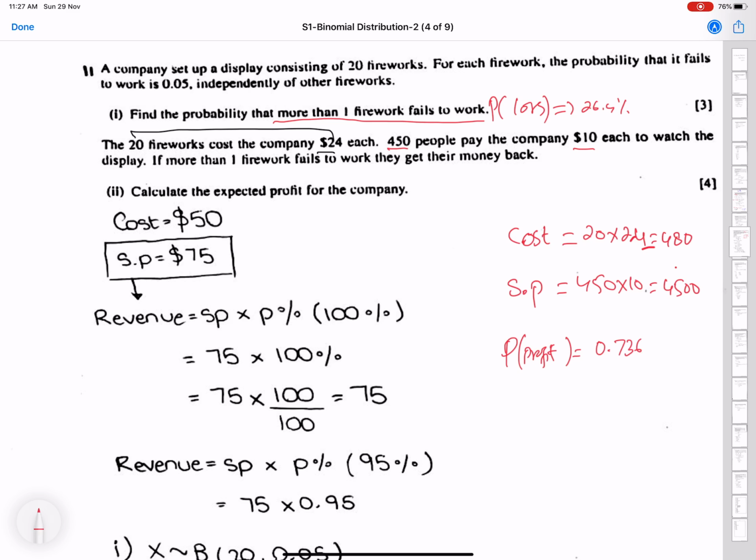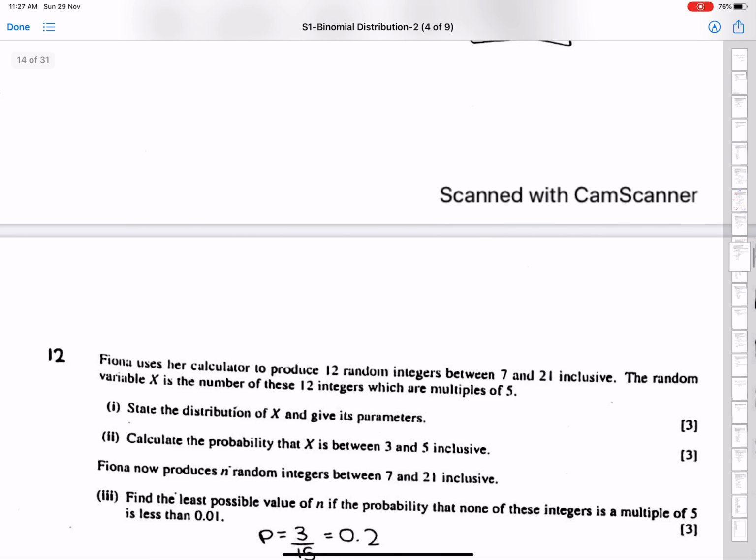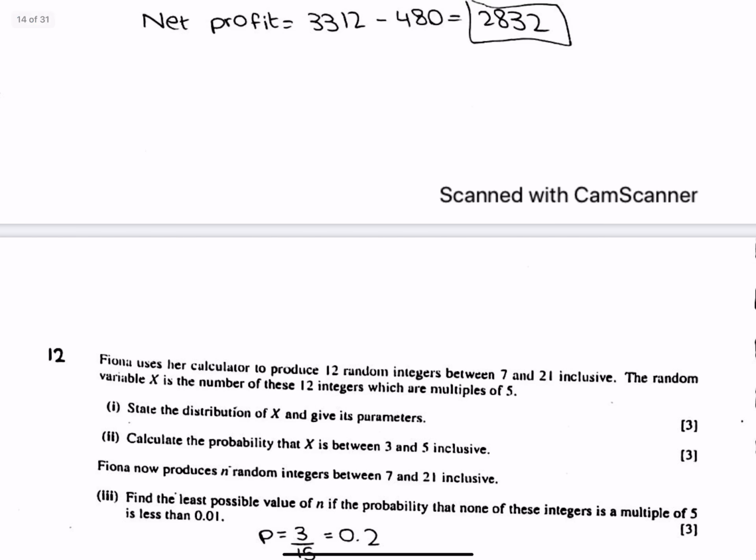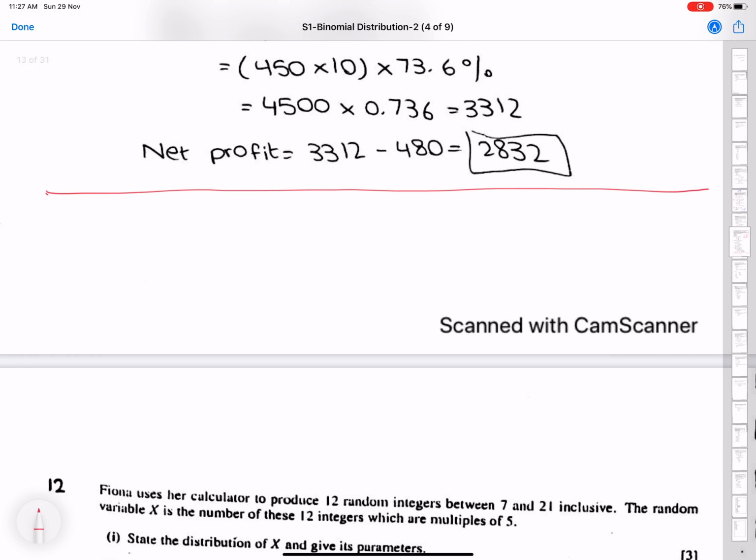Now the question is, calculate the expected net profit. And I already have told you this formula. The formula is here. The expected net profit, I'm doing this calculation here.